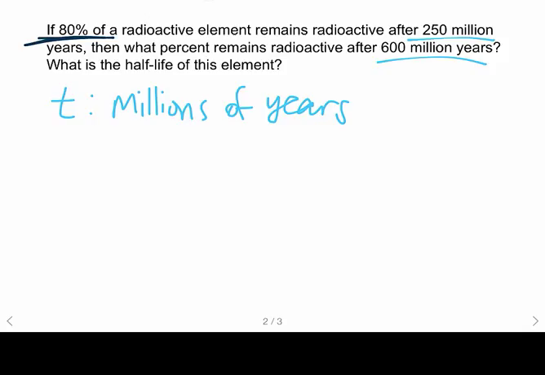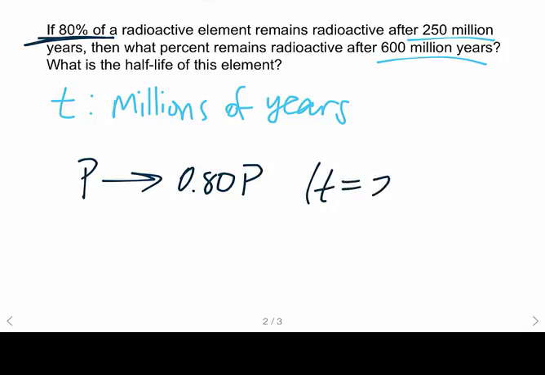Well, if I started out with some amount P, and 80% of it is still radioactive, then that becomes 0.8 P. And I'm told that that's what happens when t is 250. Remember, it represents millions of years.